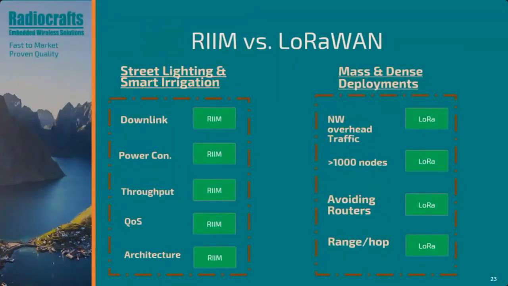If you need to avoid routers to decrease expenses, here, LoRa wins. If you want more range per hop, then also in that aspect, LoRa wins. So it's not easy to just compare directly, but when comparing in a specific use case, which has specific requirements, then it can be very easy to see which technology is the best.